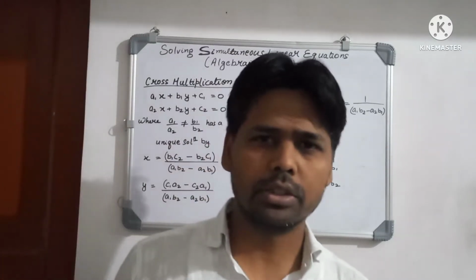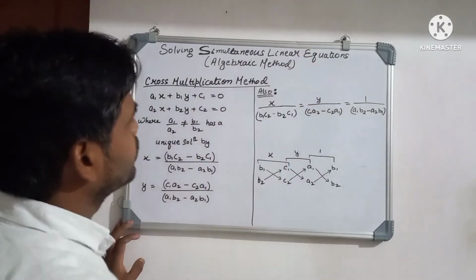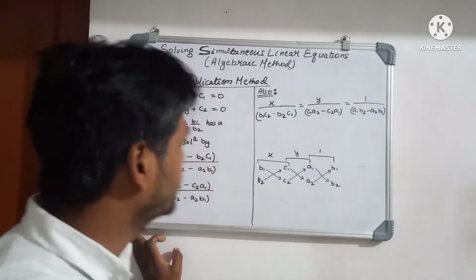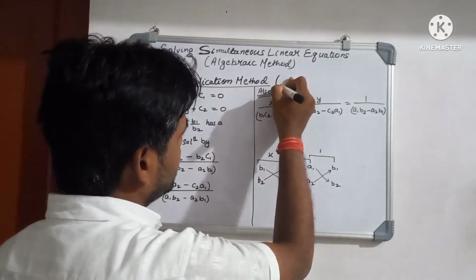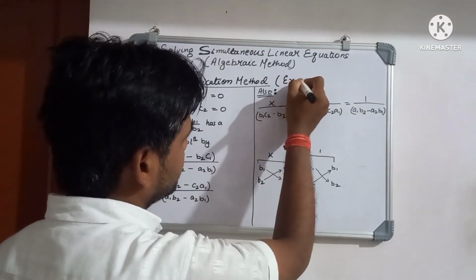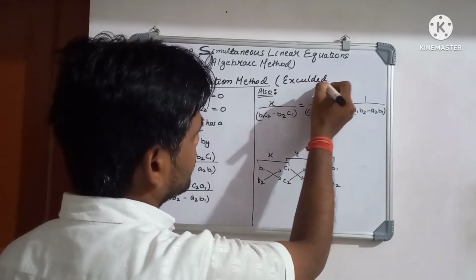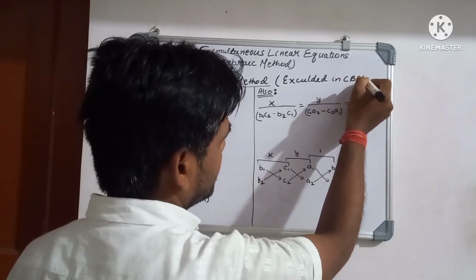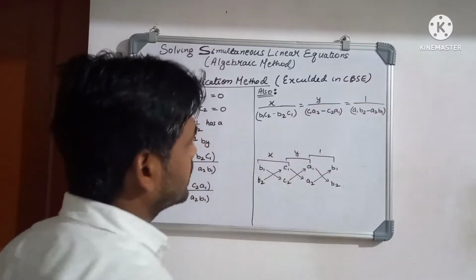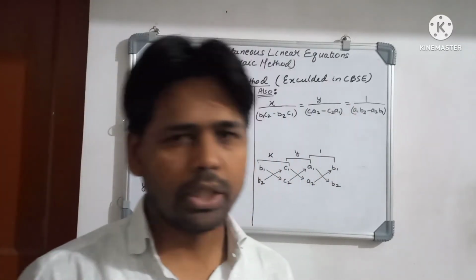Moving on to the next topic of solving linear equations in two variables, that is, simultaneous equations using the cross multiplication method. Though this has been excluded in CBSE this year, I am still going to deal with this topic so as to make you understand.